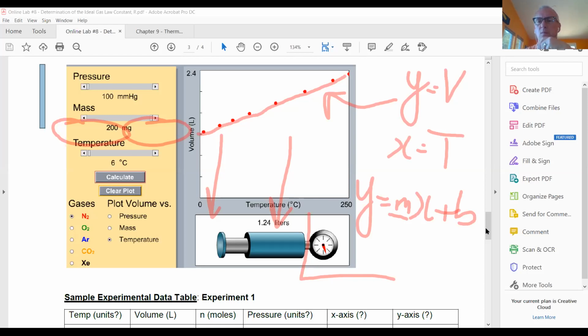How do I define it, though? Y is volume in liters, and T is temperature in Celsius. What would the units of M be? No unit? Oh no, it has units.